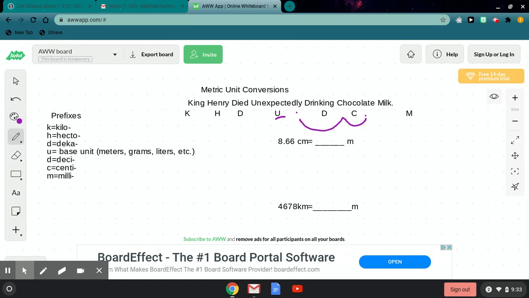So the shortcut for converting centimeters to meters would be to take the decimal point and move back one place and move back two places and put your decimal point here. Any empty spaces that do not have numbers, you want to add a 0.